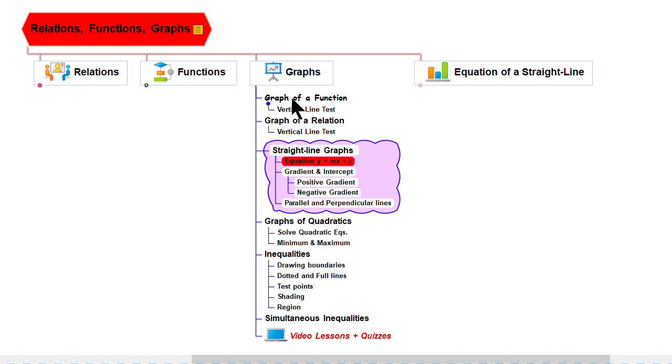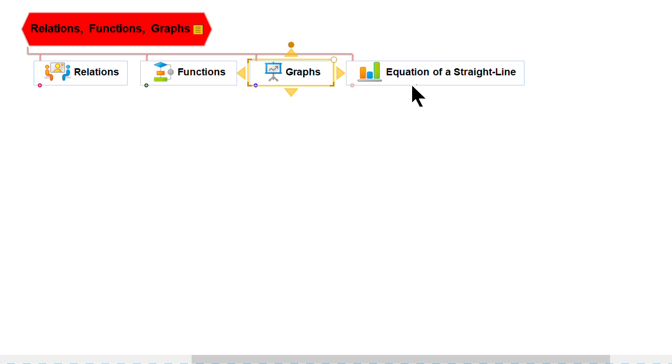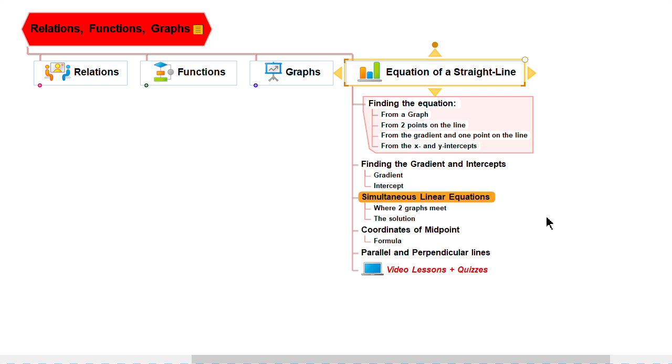Now I can minimize that and focus on equations of a straight line. Finding the equation from a graph, from 2 points on the line, from the gradient and 1 point on the line, from the x and y intercepts, and so on. So all these key concepts are highlighted.